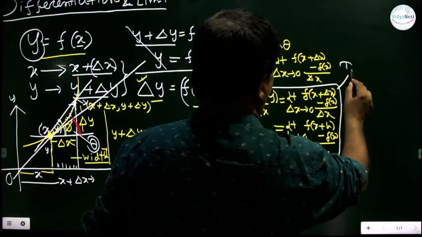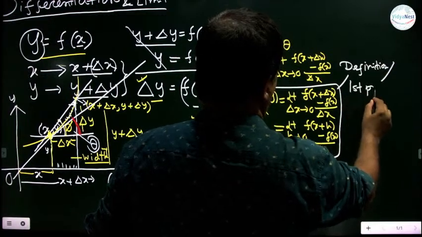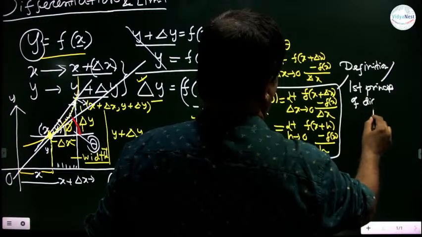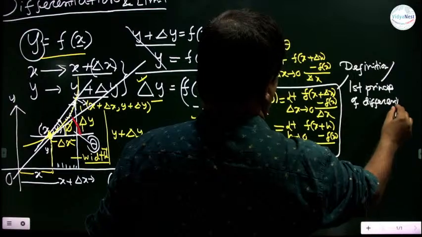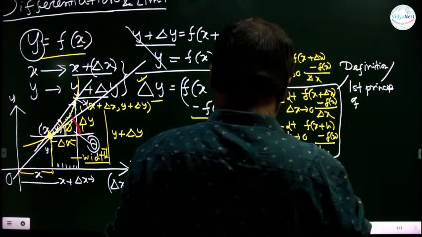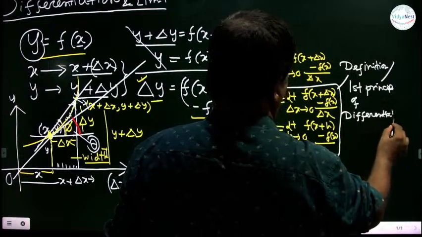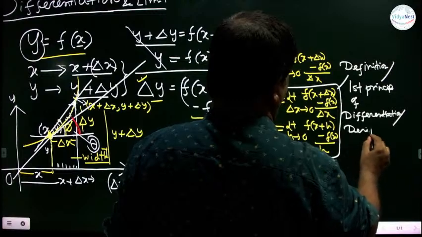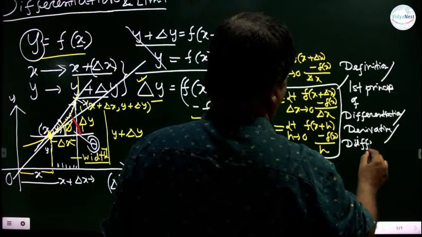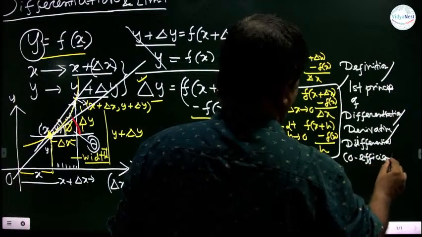This is called the definition or first principle of differentiation, or it is called derivative, or it is called differential coefficient.